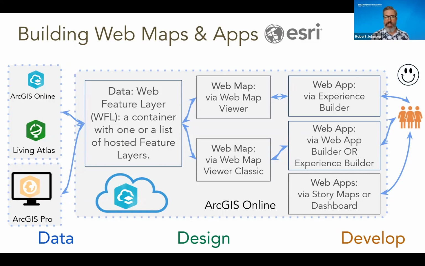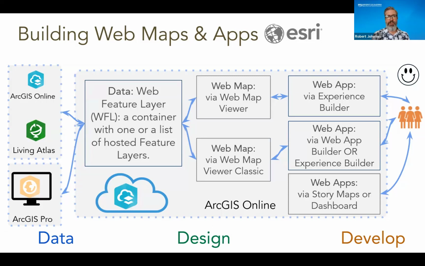So here's a basic workflow of building out web maps and apps in the ArcGIS Online environment. You always are starting with data, either something that you yourself are creating and pushing up from the desktop environment, or that is coming directly from ArcGIS Online or the Living Atlas within there.